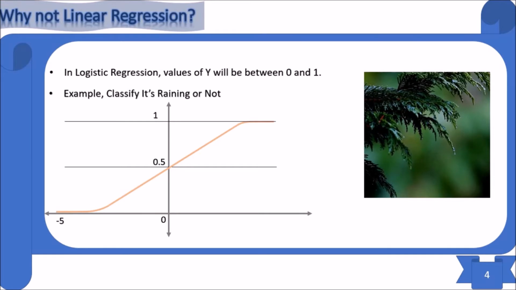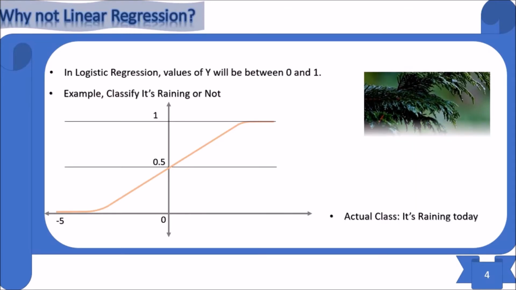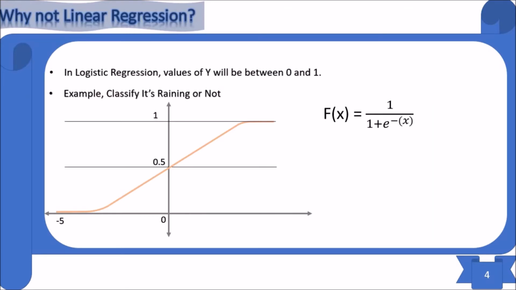Another example is whether an email is spam or not, and another is whether a cell is cancerous or not. To obtain this S curve, we use a logistic function, or sigmoid function. Just understand this concept of the sigmoid function in order to map the predicted values to probabilities.